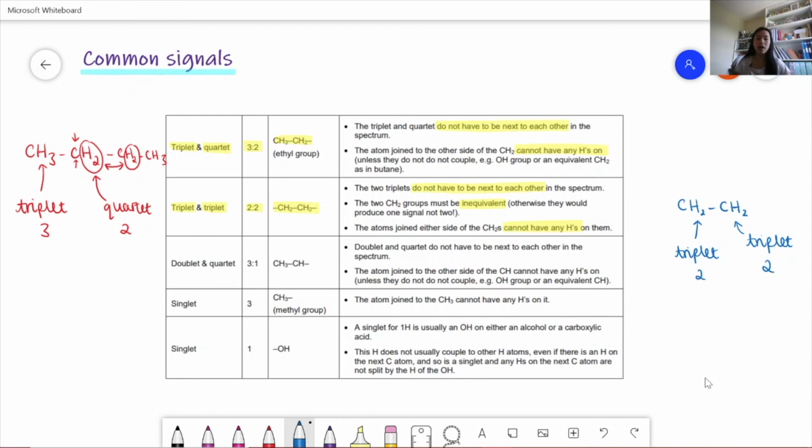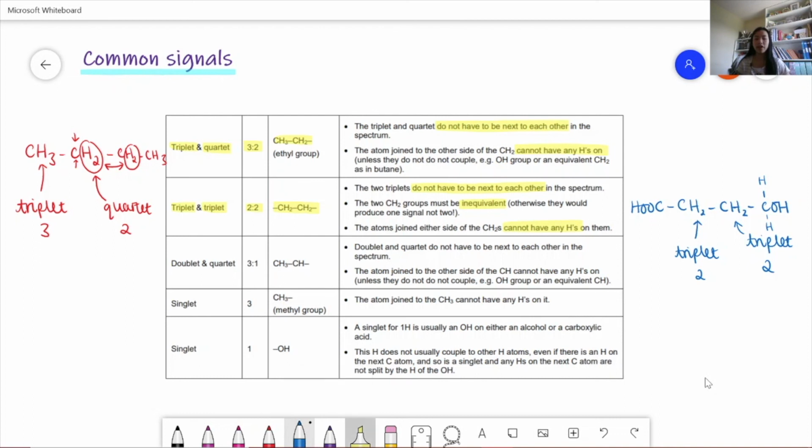They don't have to be next to each other in the spectrum because, for example, if we had a carboxylic acid group attached to this one and an alcohol attached to this one, and then two hydrogens, then they'll be in different environments, and so that's why we get two different peaks, which aren't necessarily going to be next to each other.